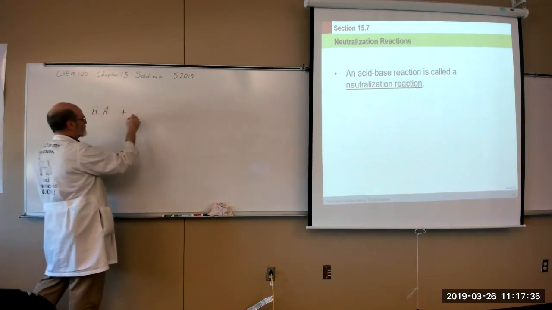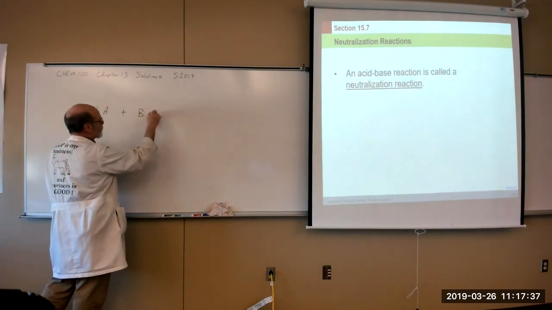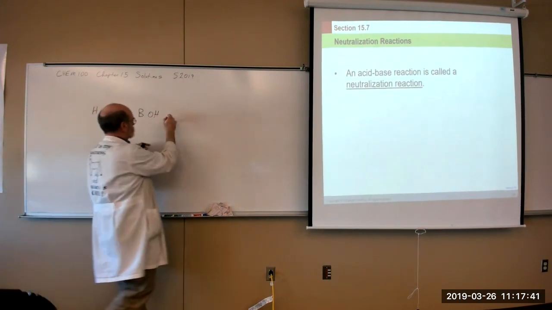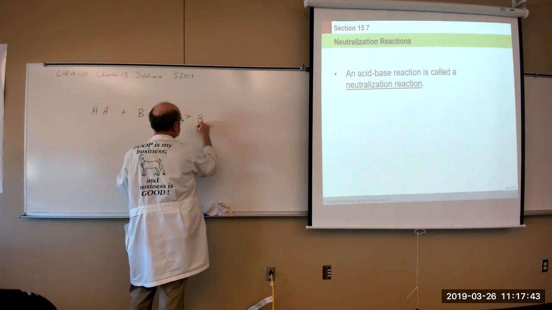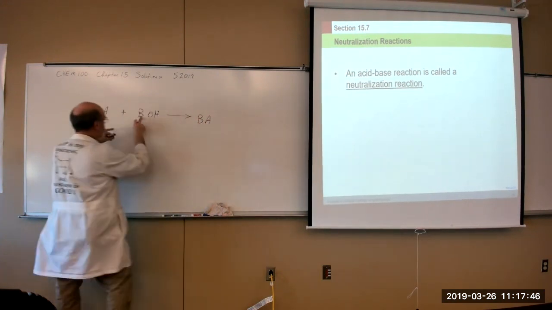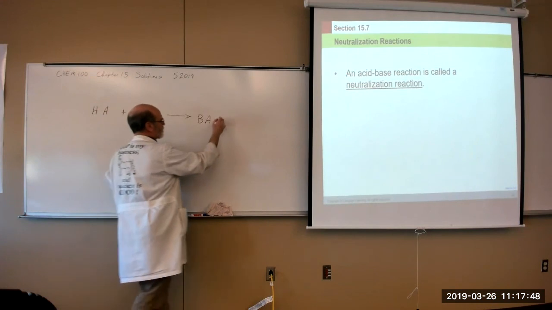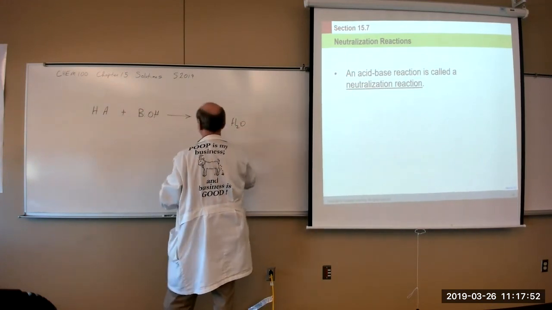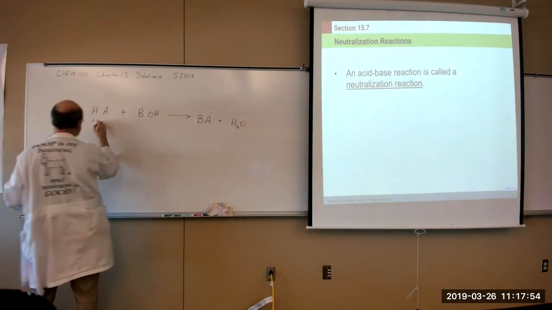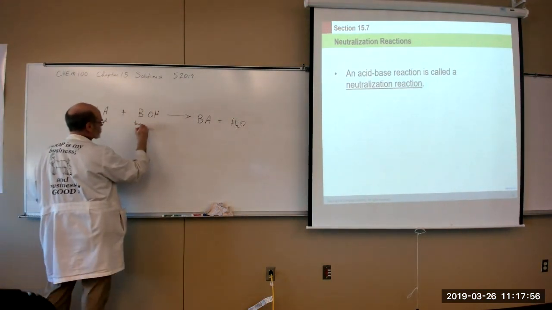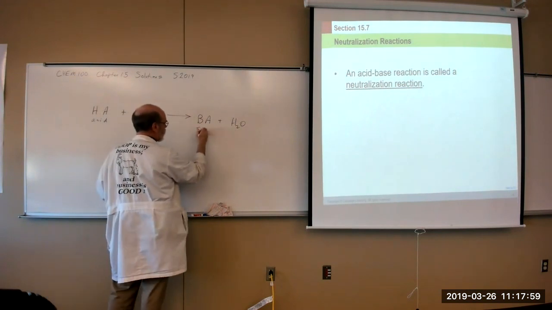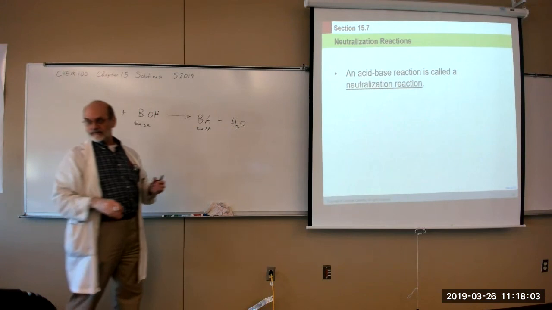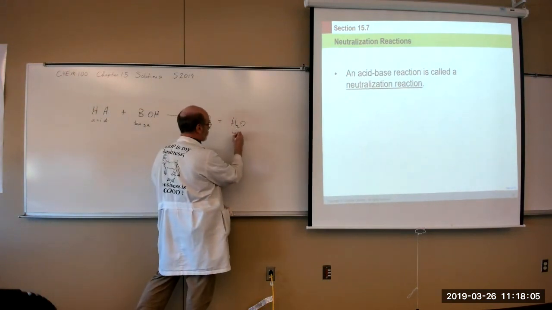And then your base will have hydroxyls. The cation and the anion combine, and the H and the OH combine to make water. Okay, so this is your acid, this is your base, this is a salt by chemical definition, and water.